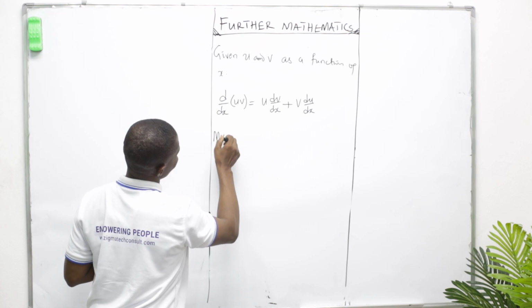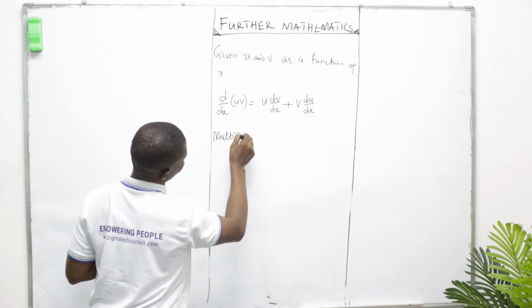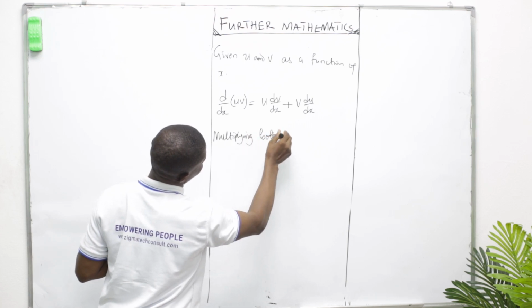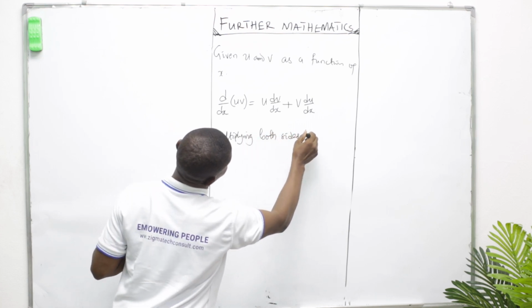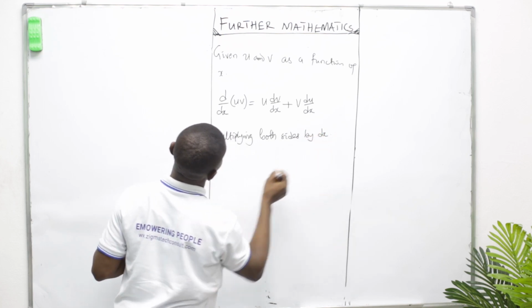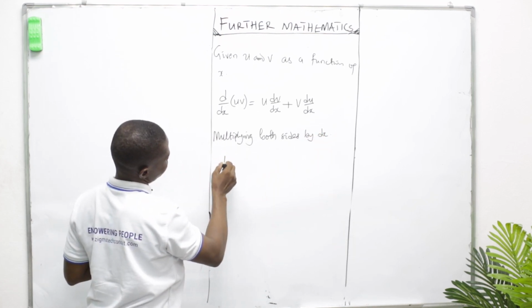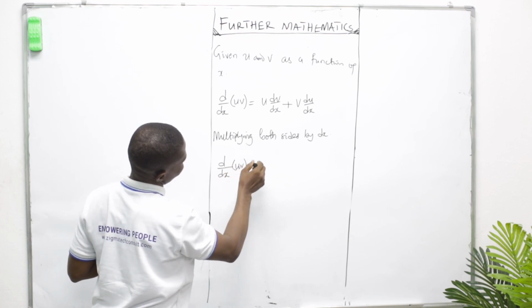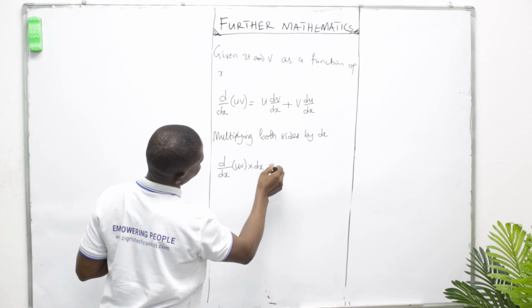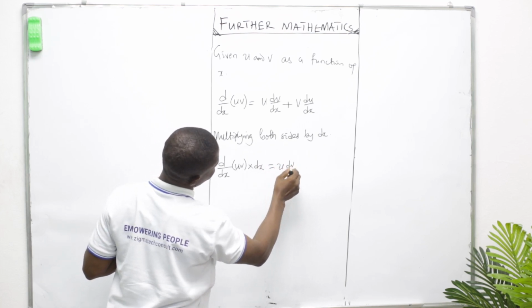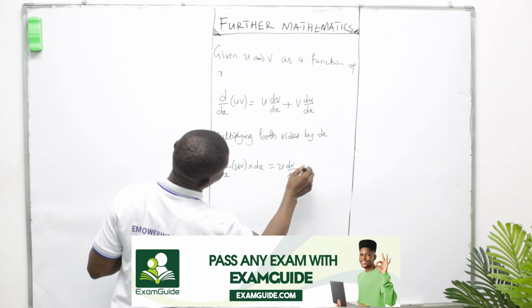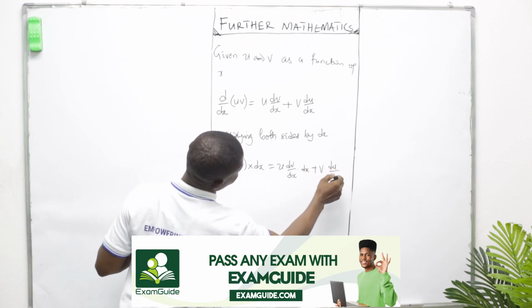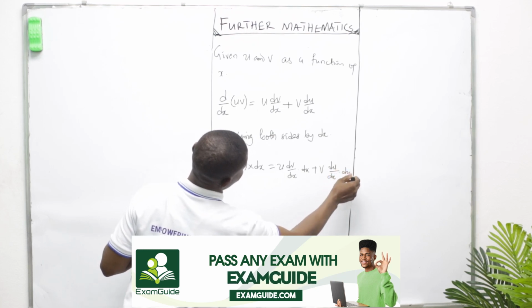Multiplying both sides by dx, we have that d/dx of uv multiplied by dx equals u dv/dx dot dx plus v du/dx dot dx.